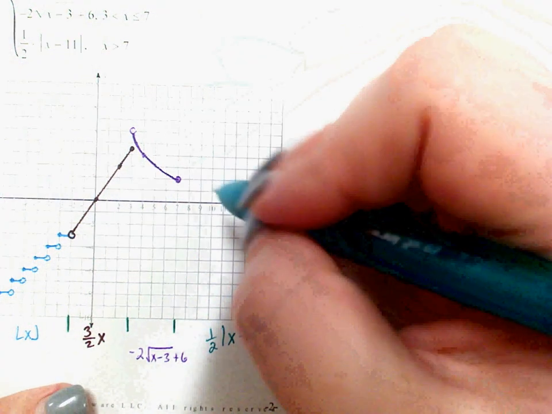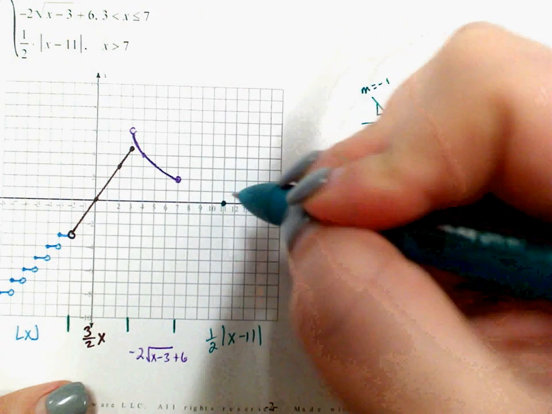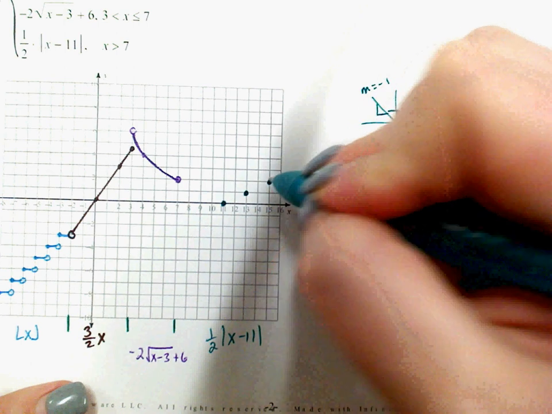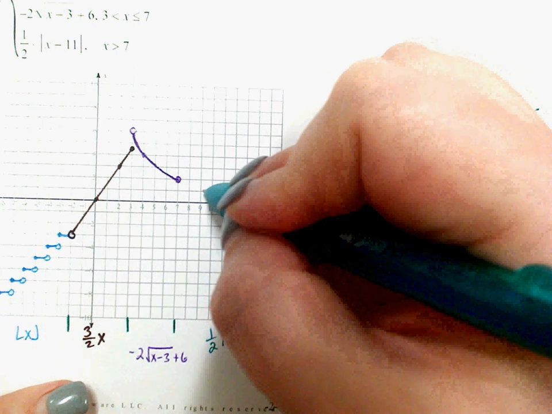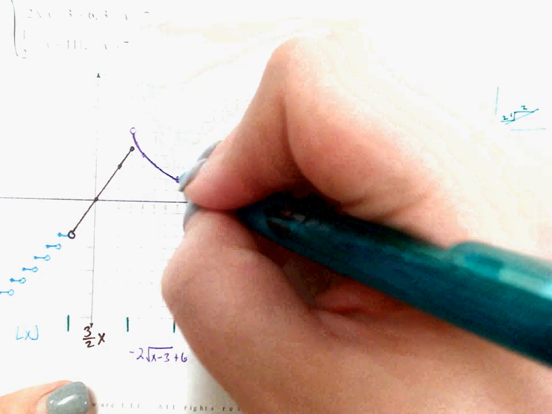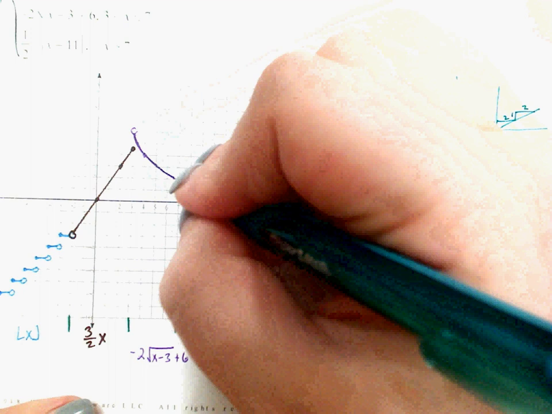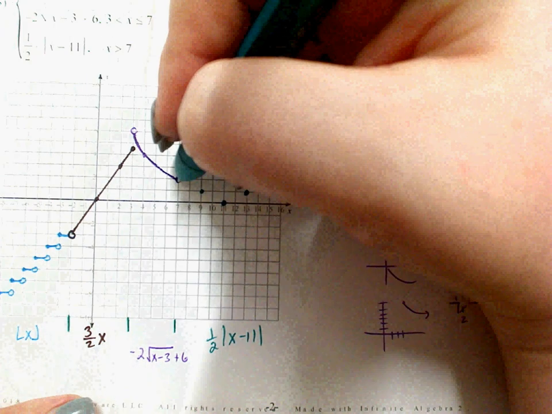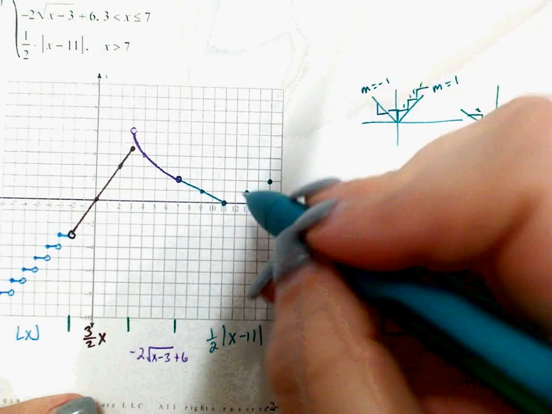I'm going to go up 1 to the right 2, up 1 to the right 2. I'm going to go up 1 to the left 2, and up 1 to the left 2. Now technically that means open circle, but there's already a closed circle there, so it's not like it changes anything. So then we just connect and extend it off the page, and there you go.